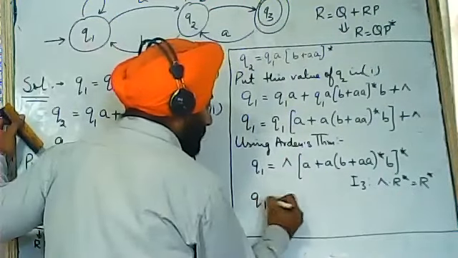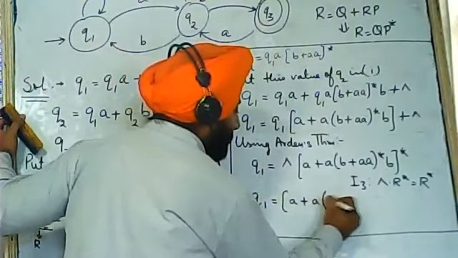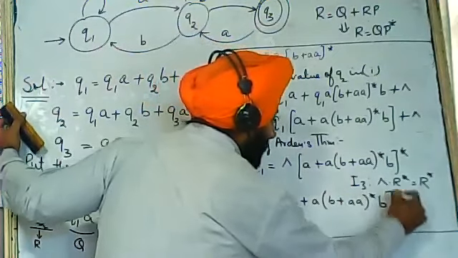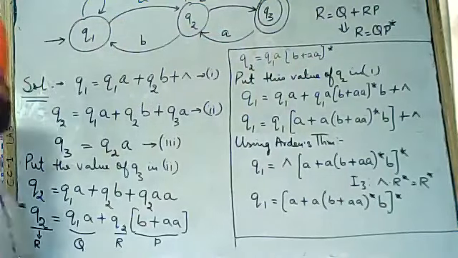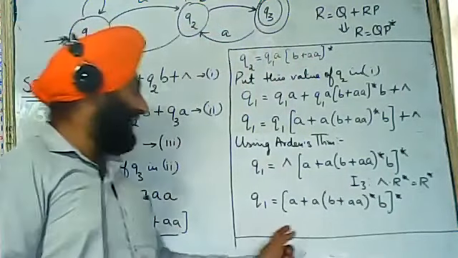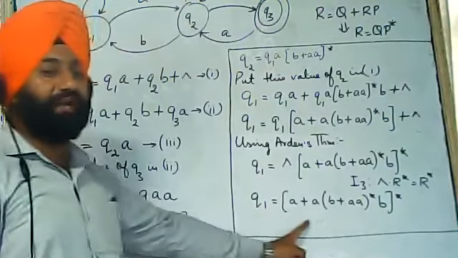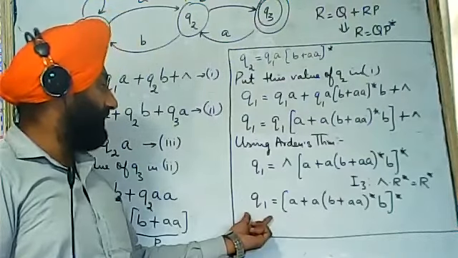Then you have Q1 equals A plus A, B plus A whole star, B square bracket close star. So now here you can see that you have the regular expression which is free from state. So this is the value of Q1, right?